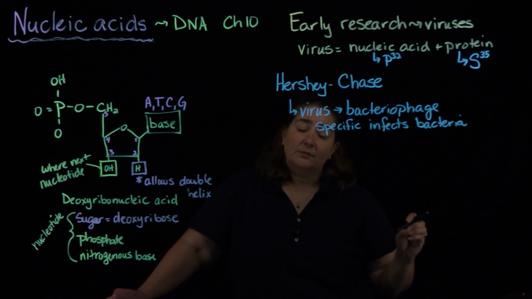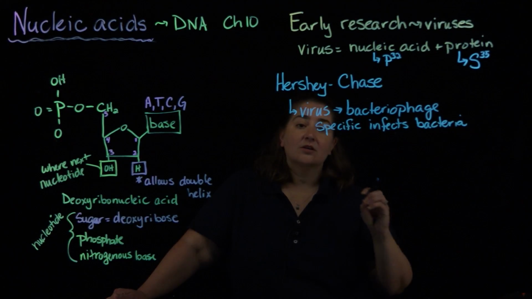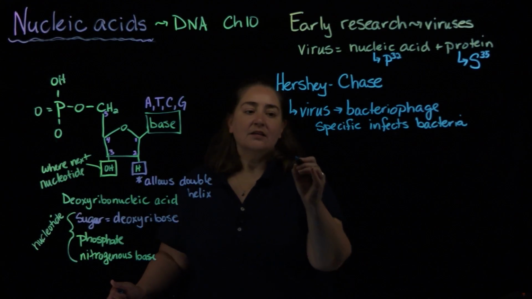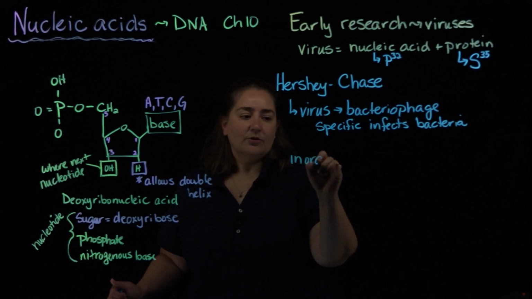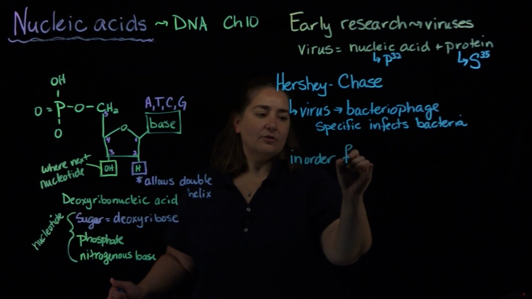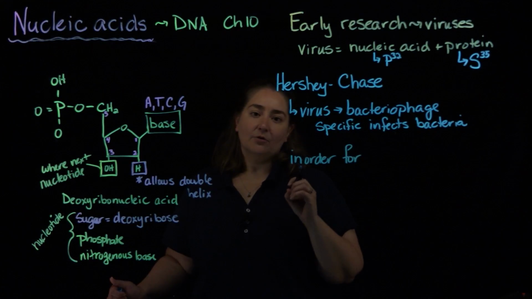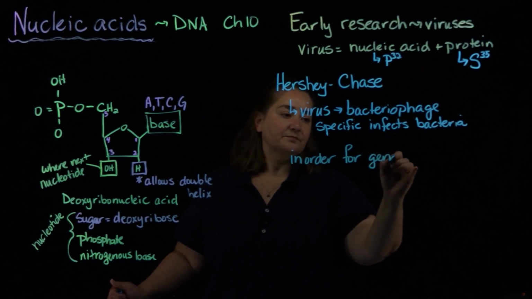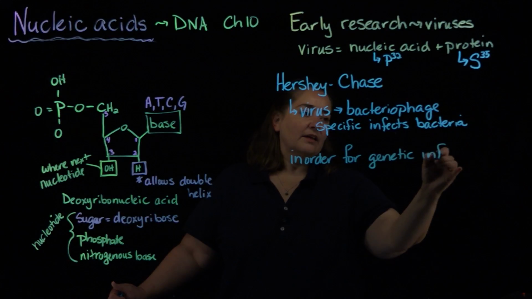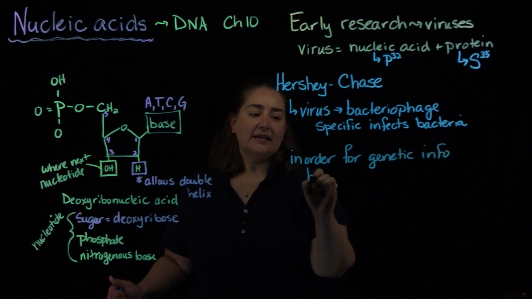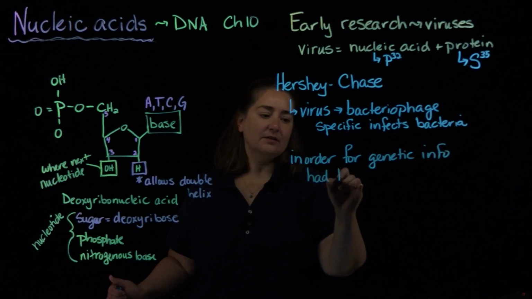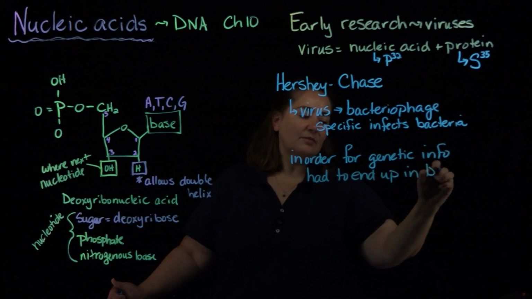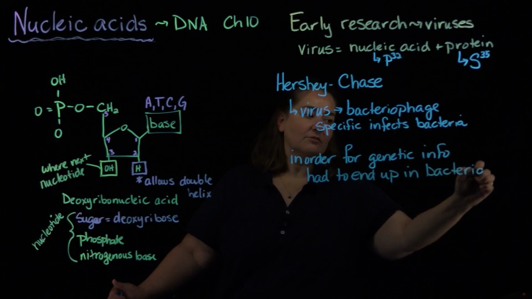And through a series of experiments, they figured out where the radioactive material ended up, okay? So in order for that macromolecule to be the genetic information, that radioactivity had to end up in the bacteria, okay?